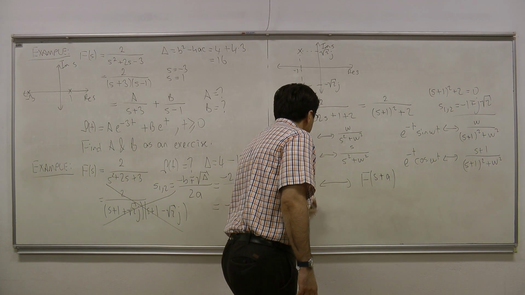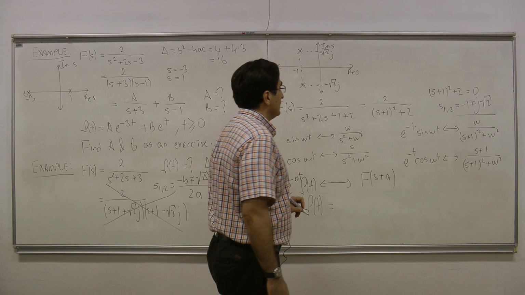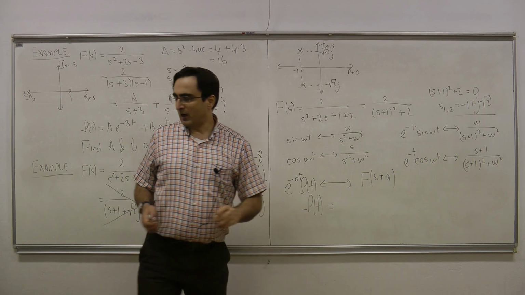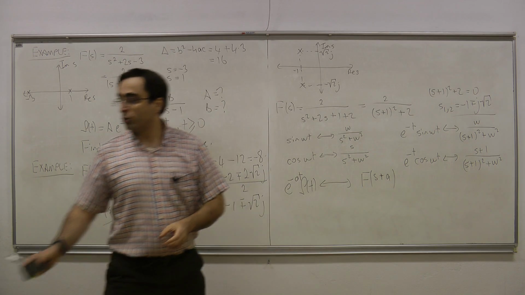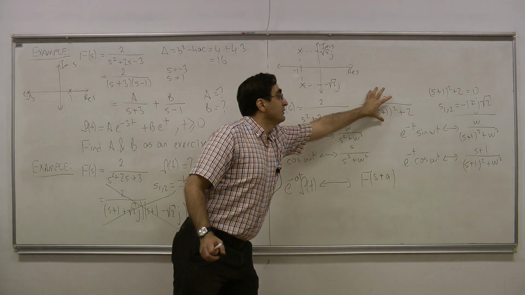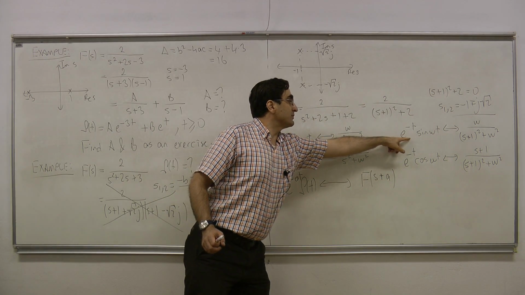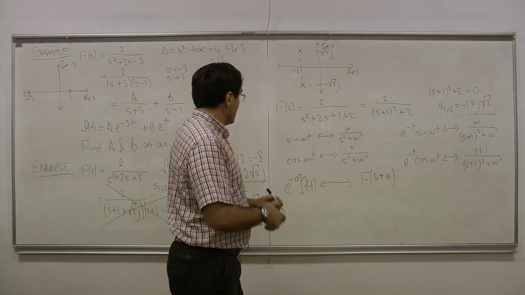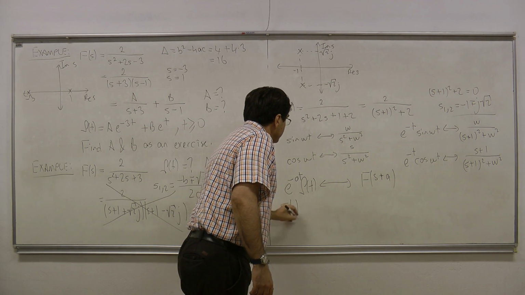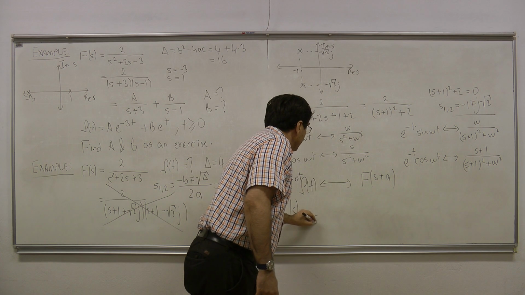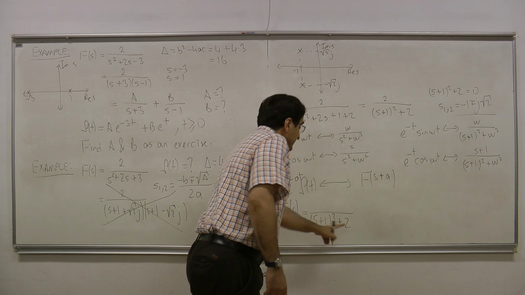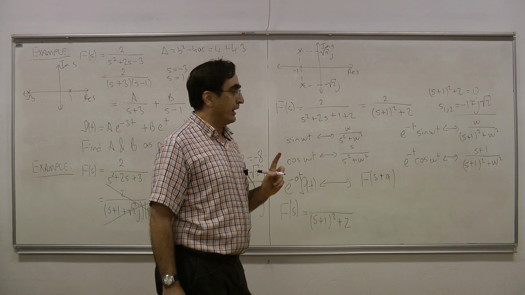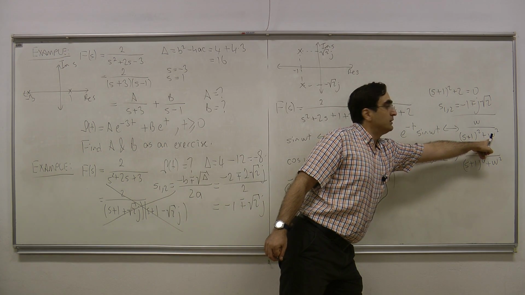Now f of t is going to be, I won't write f of t directly, but first I will try to convert this one into a Laplace transformation of that one. So F of s has, in the denominator, s plus 1 squared plus 2. This 2 is the omega squared.